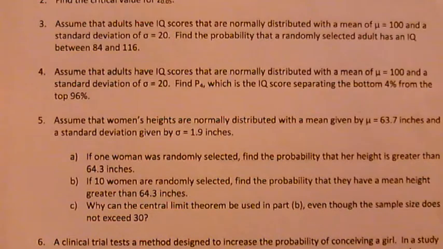Then part B, if 10 women are randomly selected, find the probability that they have a mean height greater than 64.3 inches. And then part C, why can the central limit theorem be used in part B, even though the sample size does not exceed 30? Okay, so we'll answer each part one at a time.